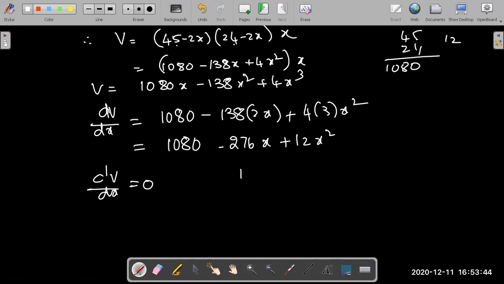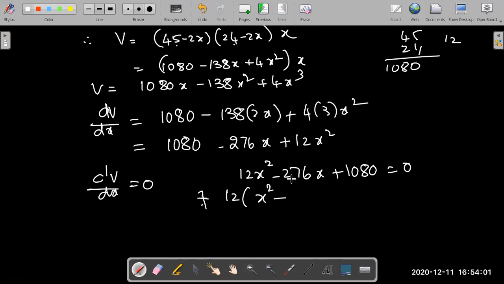So we have 12x squared minus 276x plus 1080 equal to 0. I think it should be divisible by 12, so divide by 12 or take 12 common, whichever it is. So you get x squared minus 23x plus 90 equal to 0.